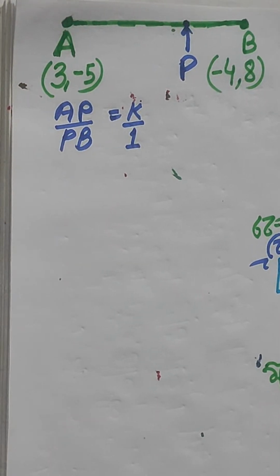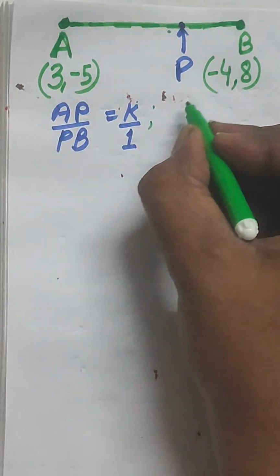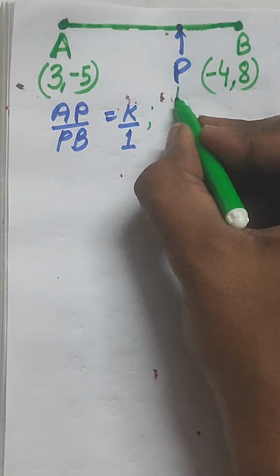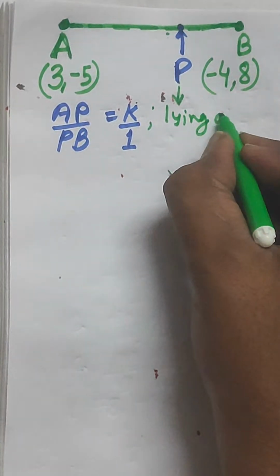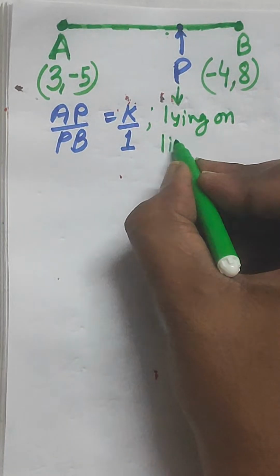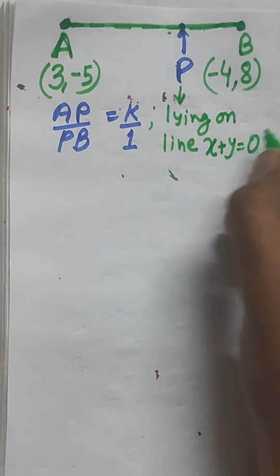Now, it's also given that P lies on the line x plus y is equal to 0.